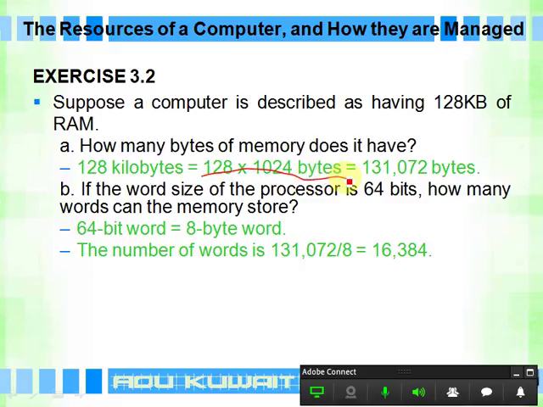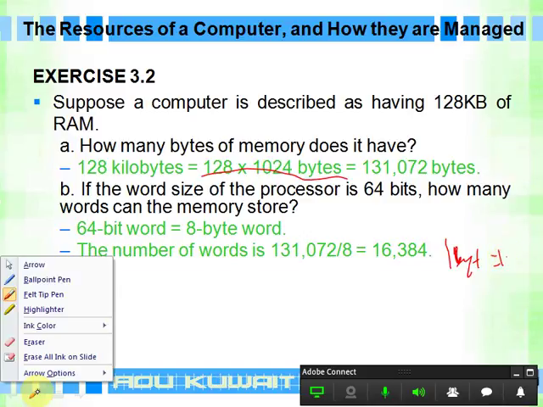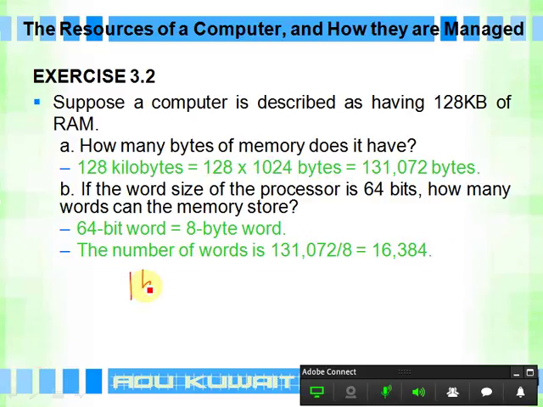See, the memory units go like this. 1 byte is 8 bits, right?